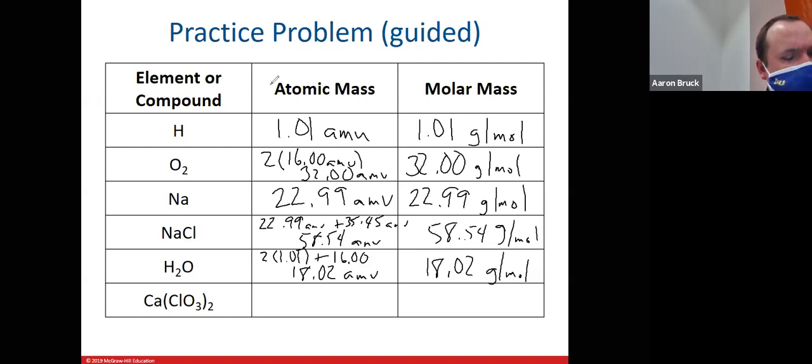Okay, this last one, calcium chlorate. We have to have a calcium, chlorine, and oxygen. The question is, how many of each do we have? How many calciums are we going to have in this compound? Just the one. The molar or atomic mass of calcium is 40.08 AMUs. How many chlorines are we going to have?